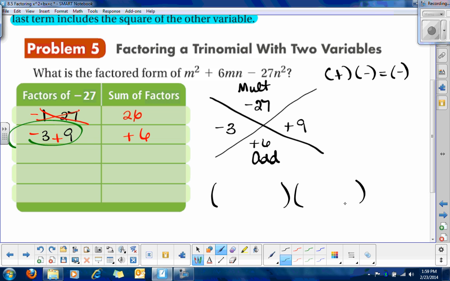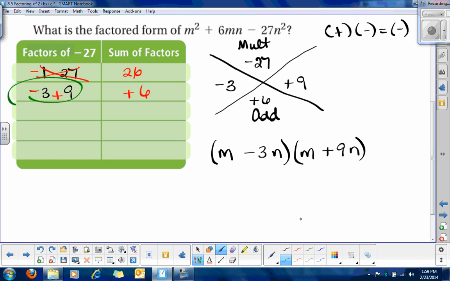The m goes on the first term, so m times m, m squared. N times n is n squared. And now all we have to do is put in our factors. So minus 3 and plus 9. And there's our final answer.